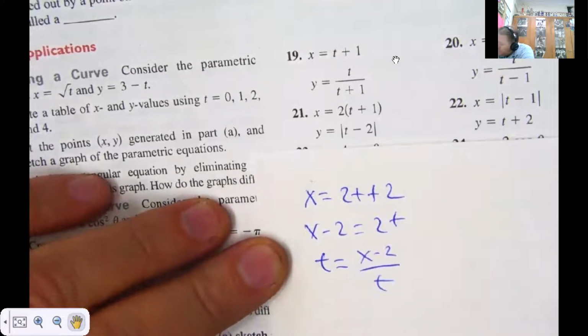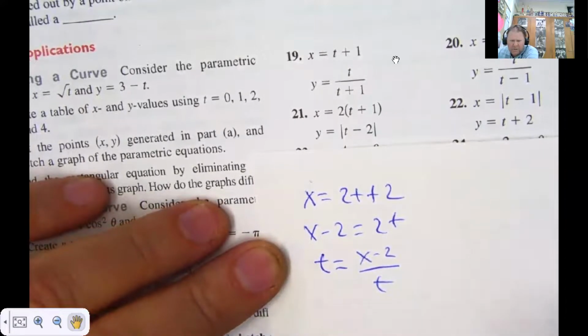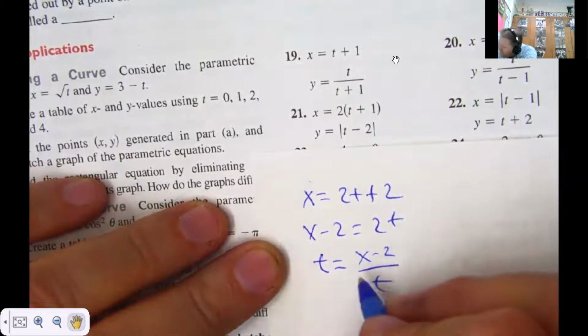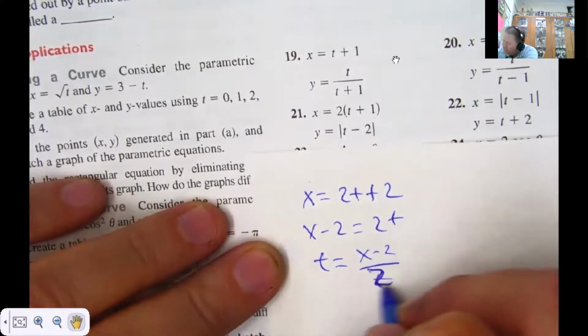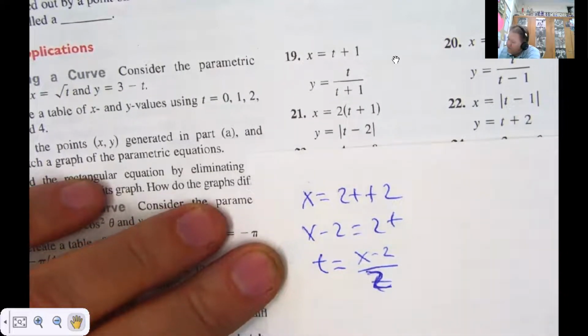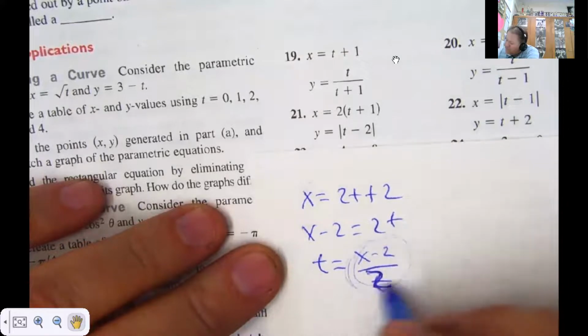Let me just make sure I did that right. That's a 2. I can't even read my own writing. Divided by 2. Now we're going to substitute this value back in for t.